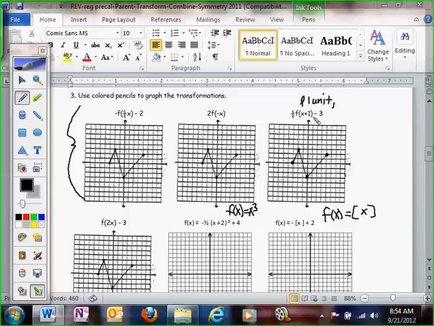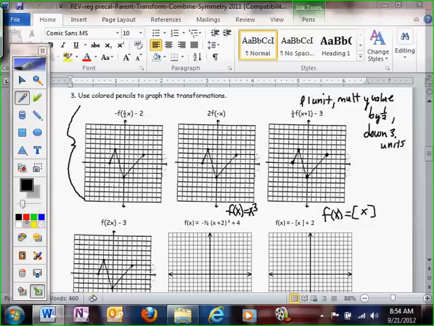This 1/2 out front means we're going to multiply the y value by half. And then finally, this piece out here means I'm going to have a vertical shift down 3 units.